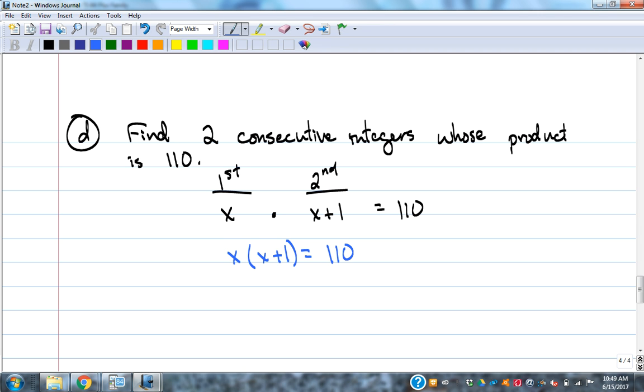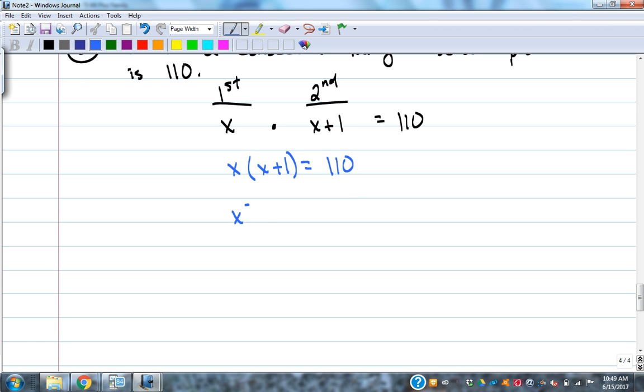And then we've got a problem here that's pretty similar to the area problem that we did with the poster. We just need to multiply this side out and get x squared plus x is equal to 110. And then subtract 110 to get it equal to 0, and solve that quadratic.